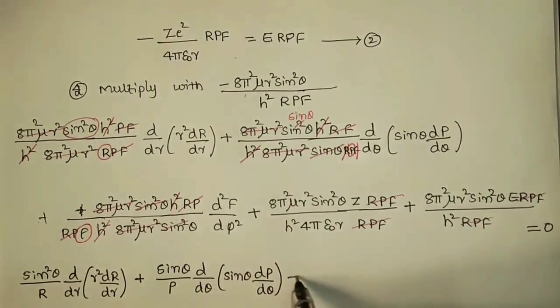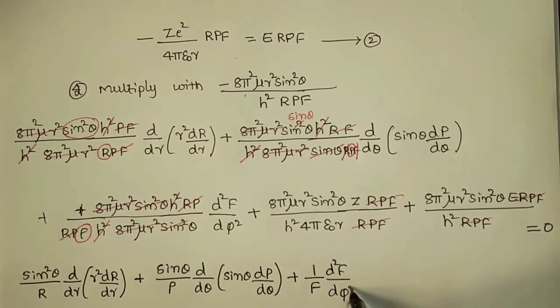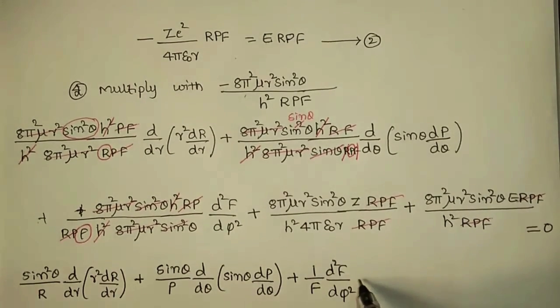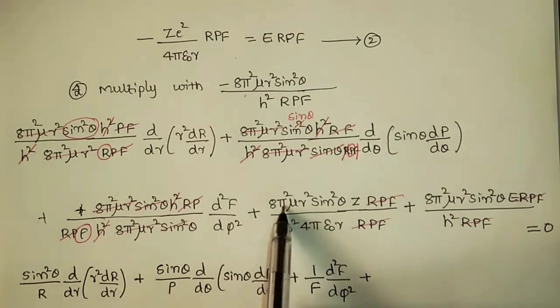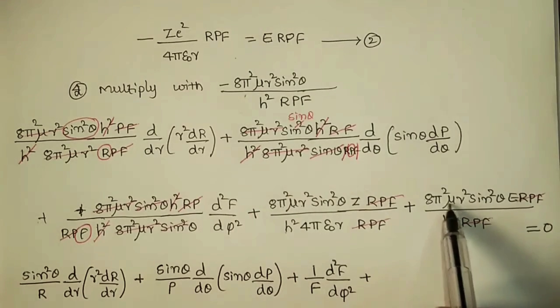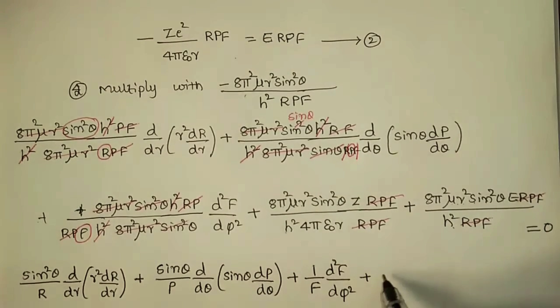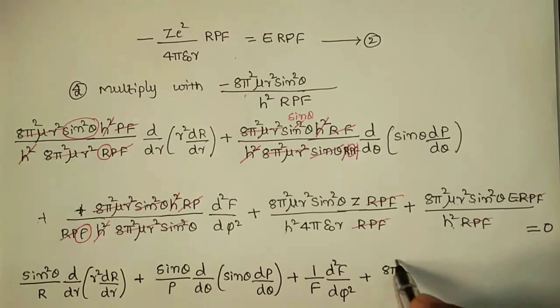And here plus, we are left with only 1 by f, d square f by d phi square. And plus, here you can observe 8 pi square mu r square sine square theta by h square is common. So let us take it outside.